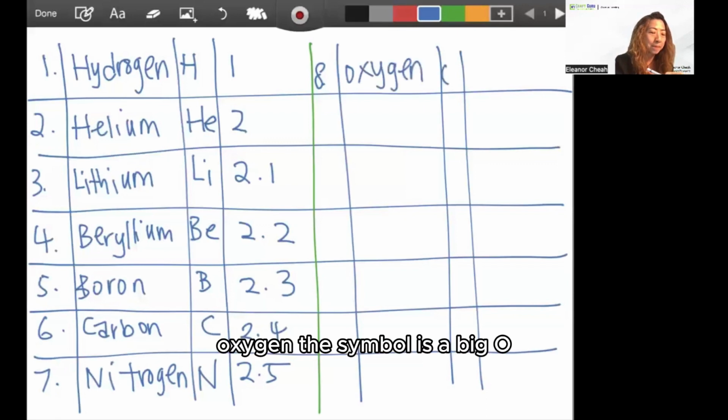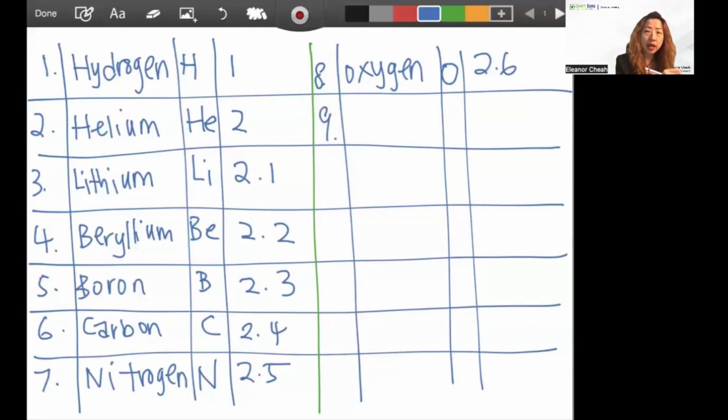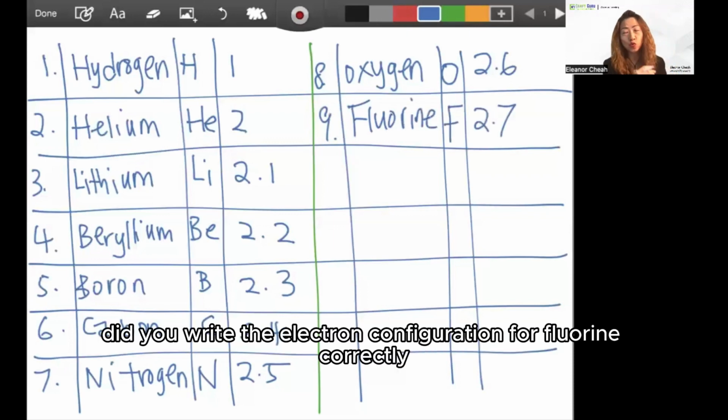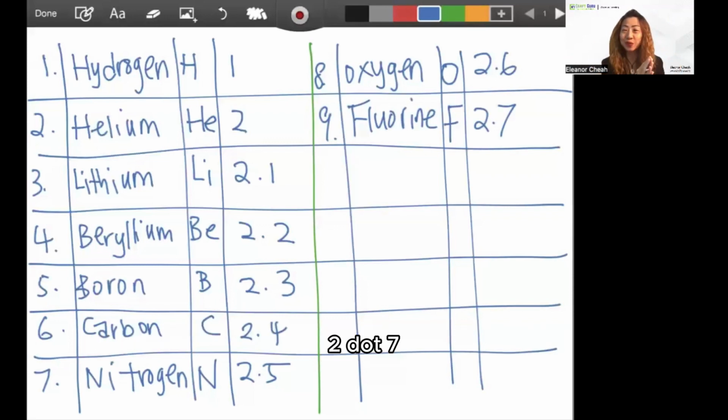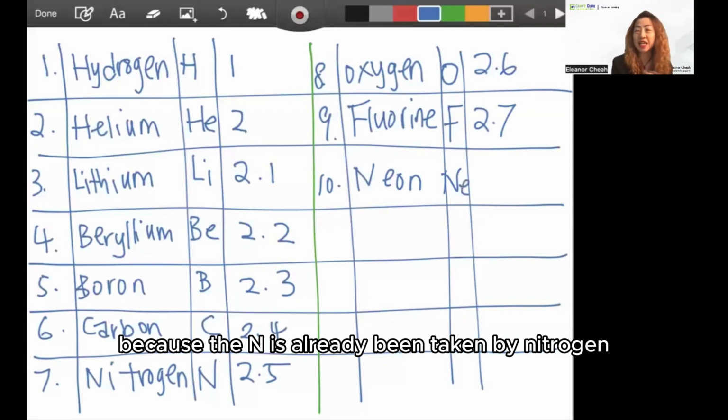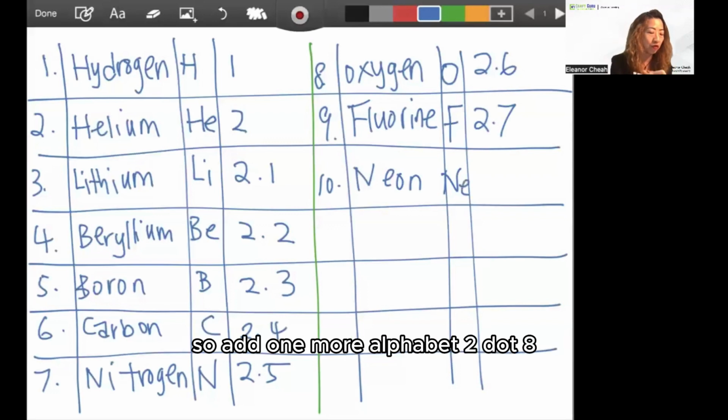The symbol is a big O, 2.6. The 9th element is fluorine. The symbol is F, 2.7. Did you write the electron configuration for fluorine correctly? 2.7. The 10th element is neon. Neon is Ne because the N has already been taken by nitrogen, so add 1 more letter, 2.8.